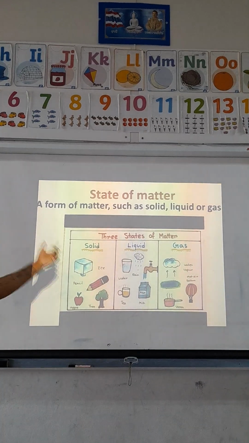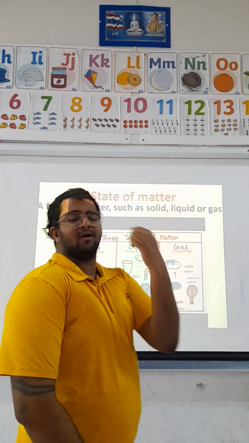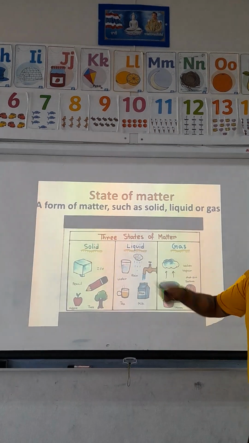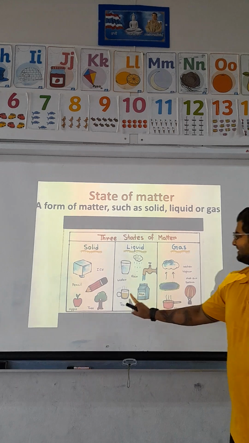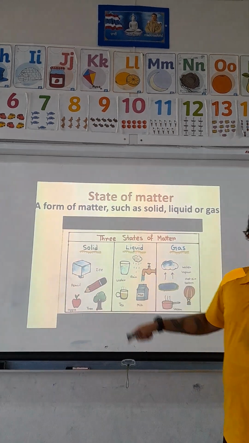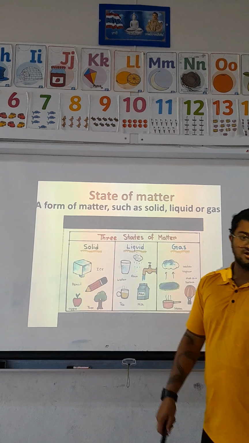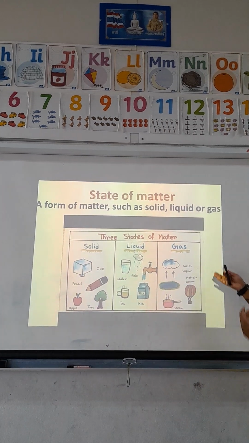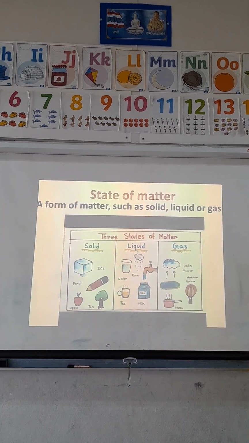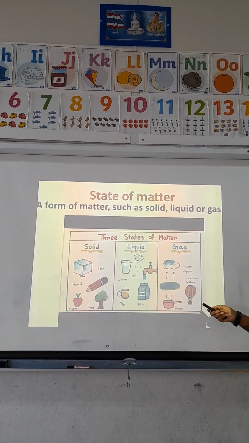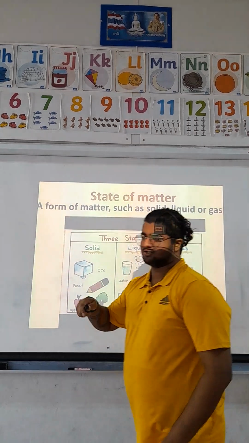The pencil and the ice. Good. Number one, I want you to name for me two examples of liquids. The tea and the water. Yes, you are correct. Those are two examples of liquids. Now, I want you to name for me two different examples of the gases that you see here. Water vapor and steam. Correct. Yes, good job, guys.